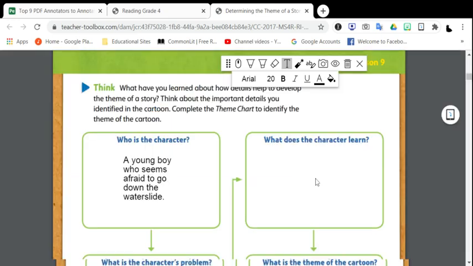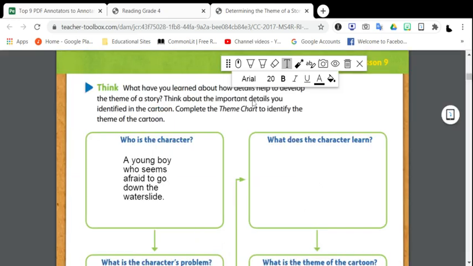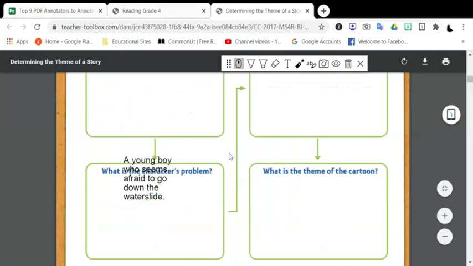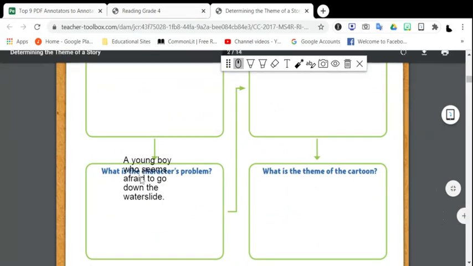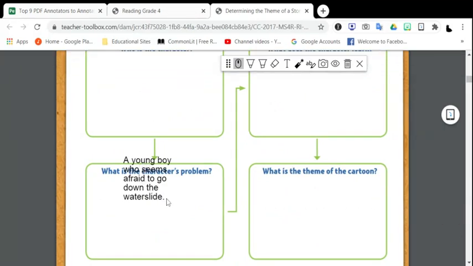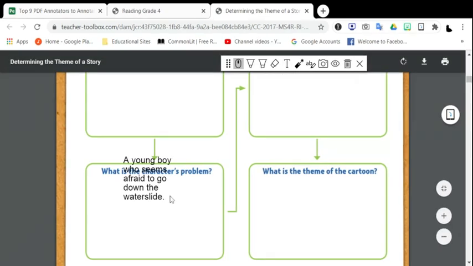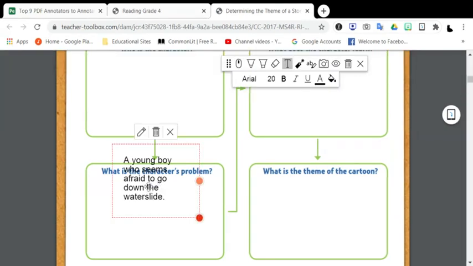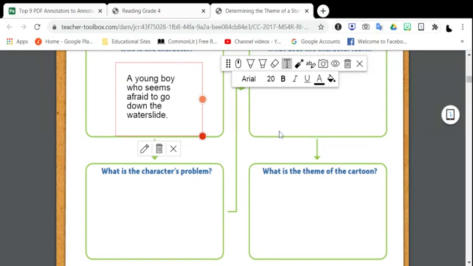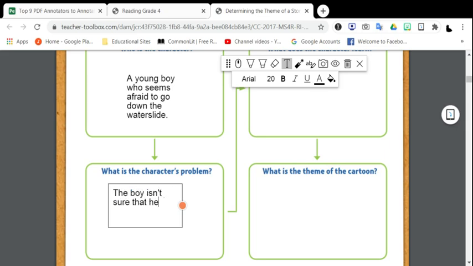We're going to follow the arrows because the natural progression of the story would start with a character and would continue to the problem.